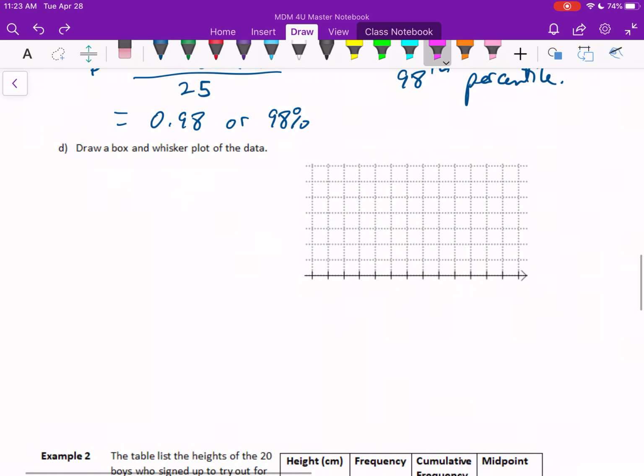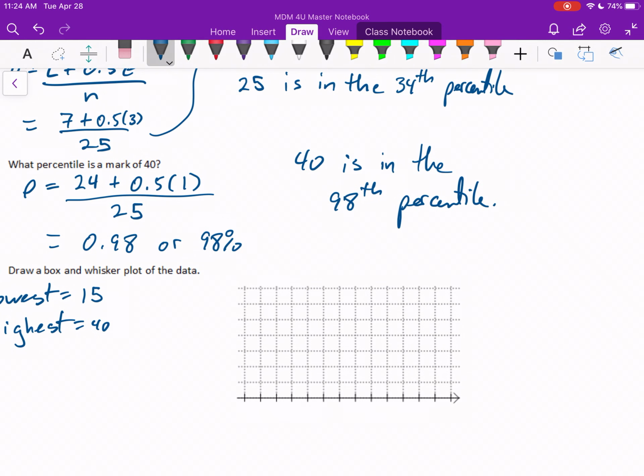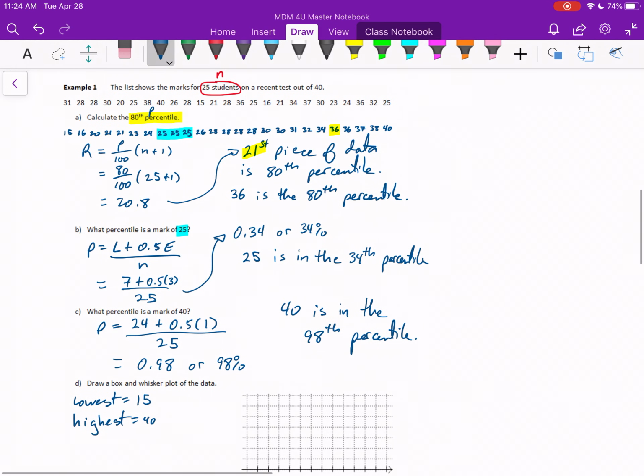And so lowest and highest are easy. The lowest was 15, and the highest was 40. Just going back to look at our list, here's the lowest, there's the 15.